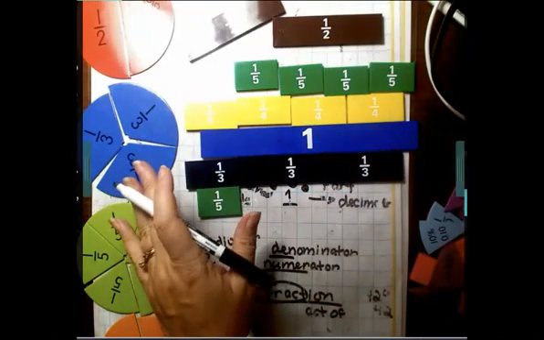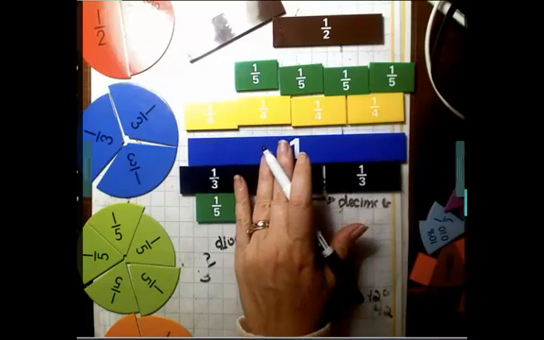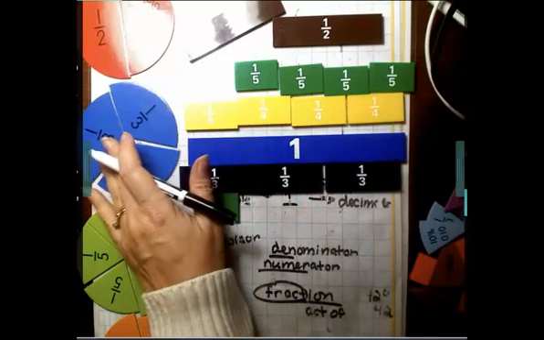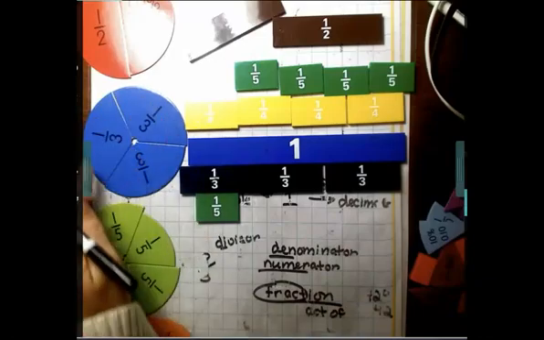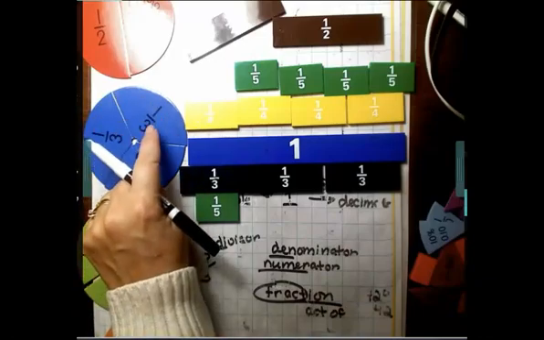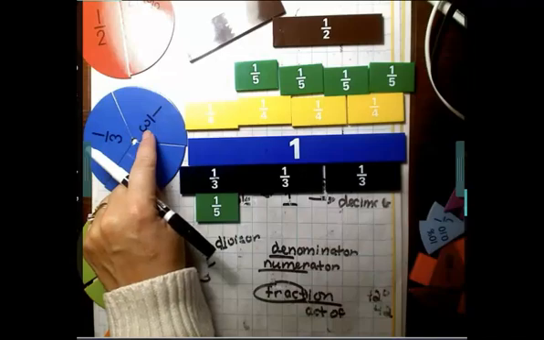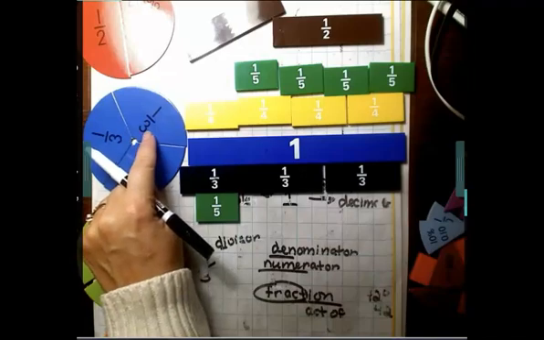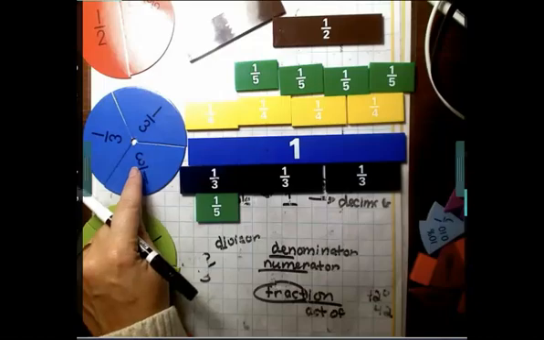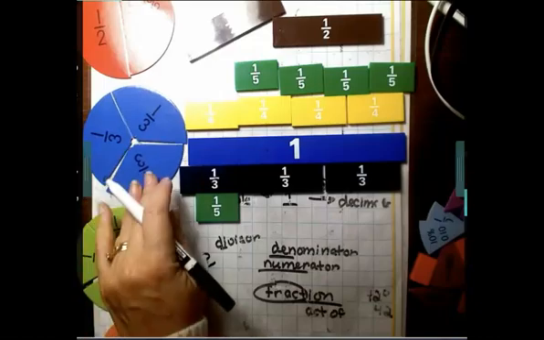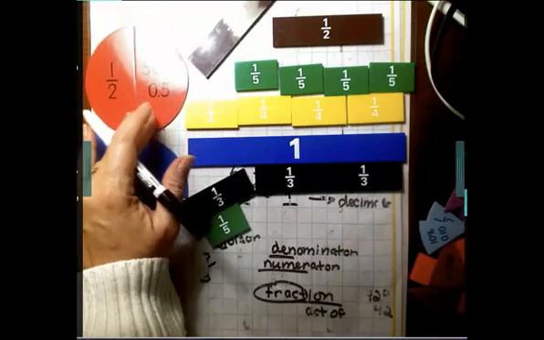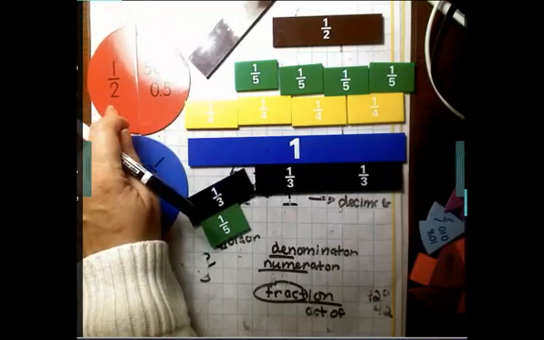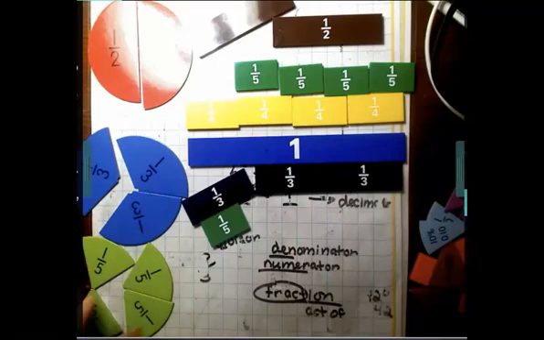All right, so it applies not only with these bars, like candy bars, but it also applies to your circles. So here I have my whole pizza, and I have broken it up. Let's take a look at the denominator. I've divided it into 3 pieces, 1, 2, 3, and each of these pieces is 1/3. All right, here I have divided my fraction into how many pieces? 2, and each one is worth 1/2.